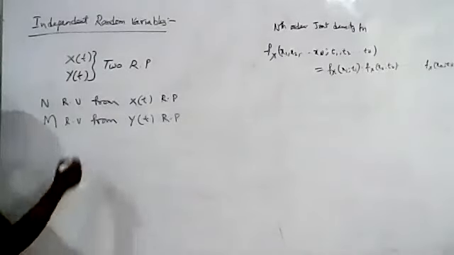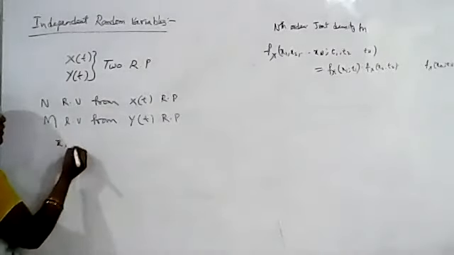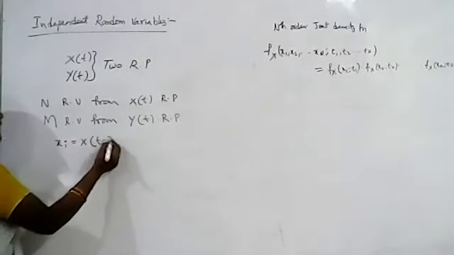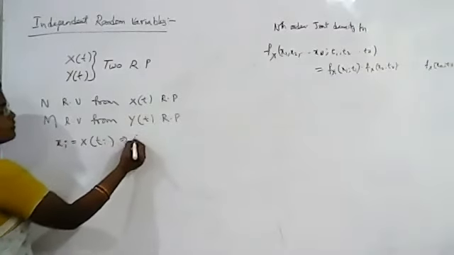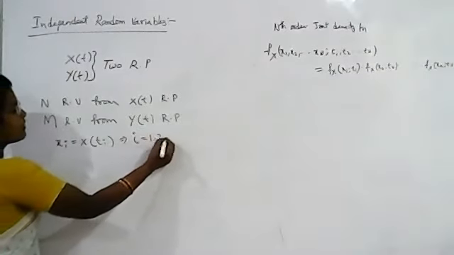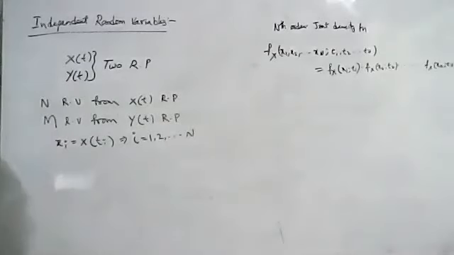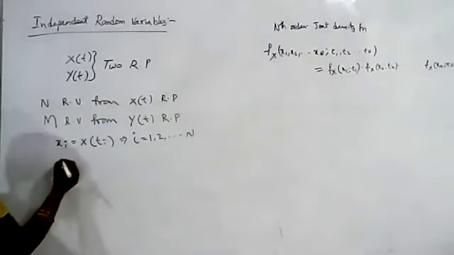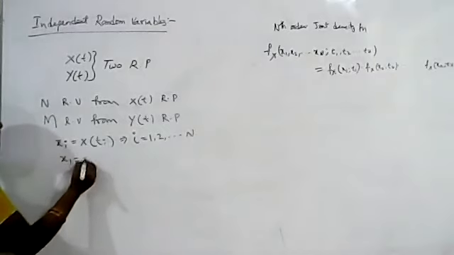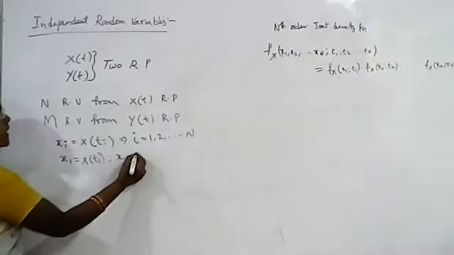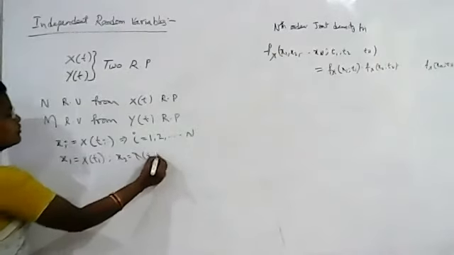Now, how do you get the random variables? That is X(ti), where i is varying from 1 to n. What is X1? X1 is X(t1), X2 is X(t2), and so on.